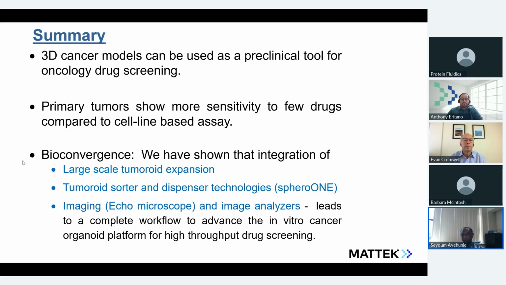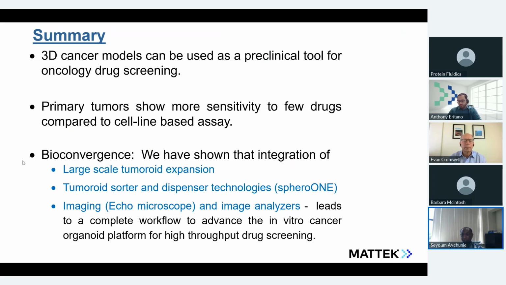And the conclusion: these 3D cancer models can be used as a preclinical tool for oncology drug screening, and the primary tumors show more sensitivity to a few drugs compared to cell line based assays.